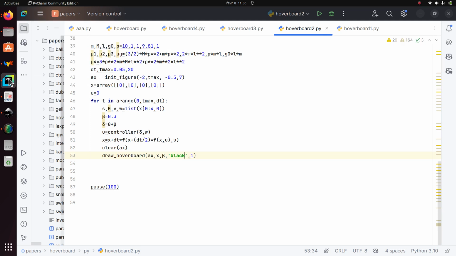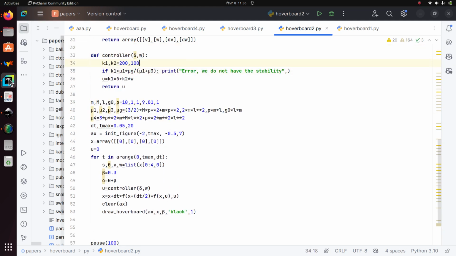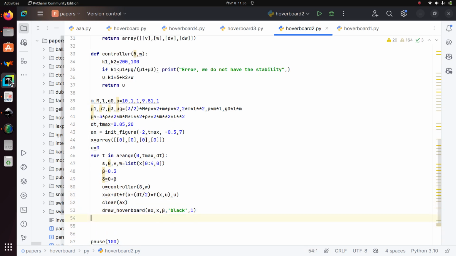Okay, so the controller which is given here is the one I have explained, and here I still use my Runge-Kutta method, and U is computed here, whereas before it was equal to 0. Here it is computed by the controller.